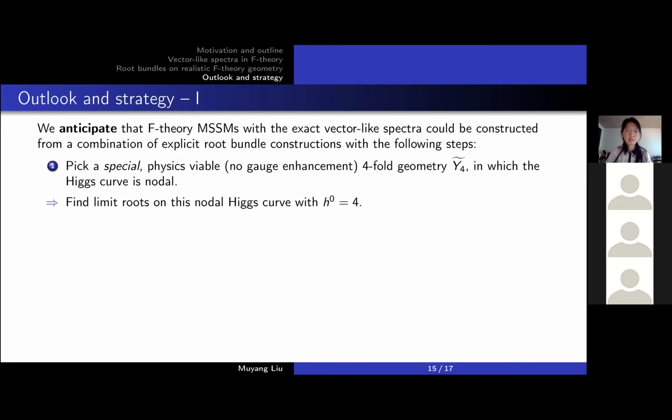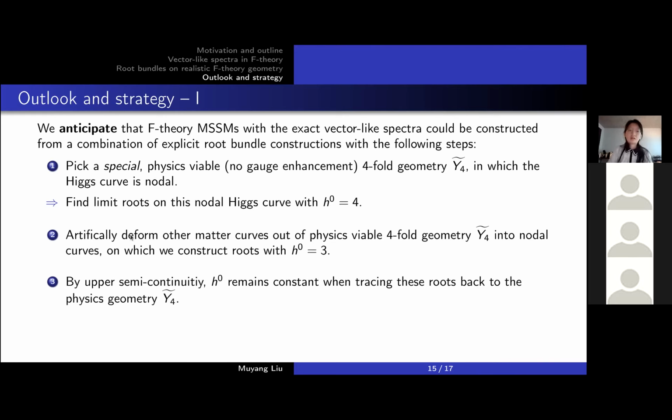First, we pick a very special, but still physically viable fourfold Y4 tilde, in which we could deform the Higgs curve into a nodal curve, and we could find limited roots on these nodal curves whose H0 is 4, such that we accommodate exactly 1 pair of Higgs. And we are still looking for such special geometries right now.